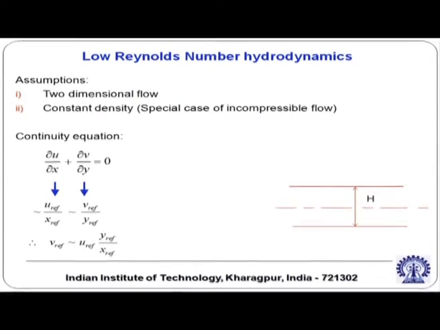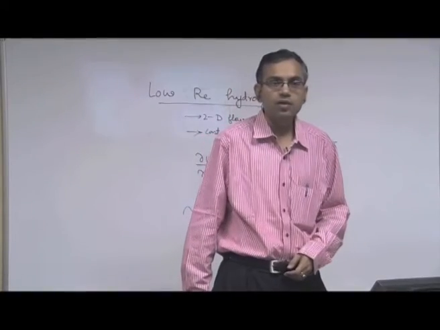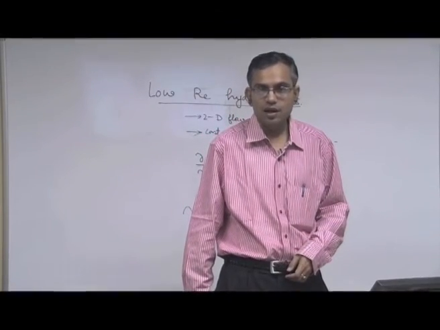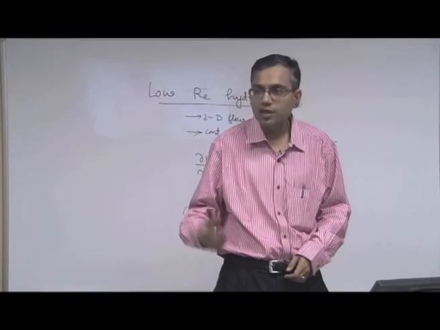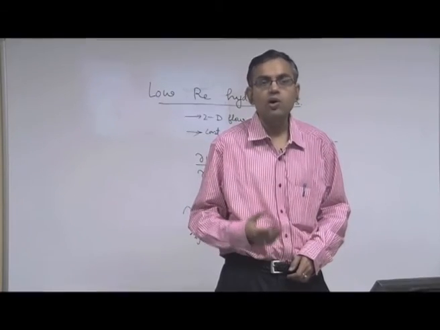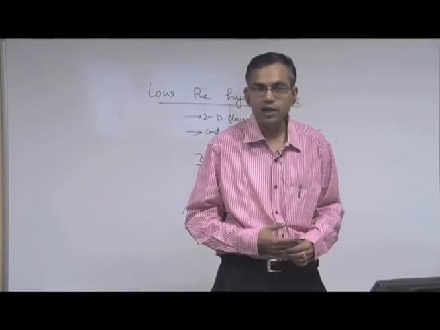We have done this much today. We will start with the order of magnitude analysis of the momentum equations, and discuss their consequences for low Reynolds number flows. That we will take up in the next lecture.